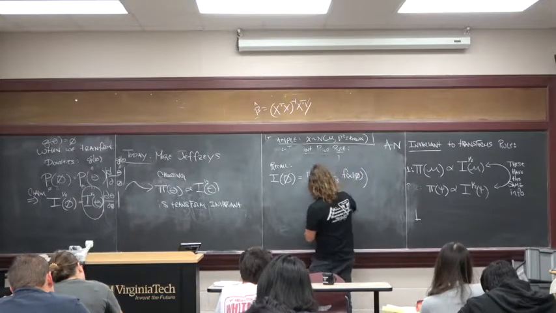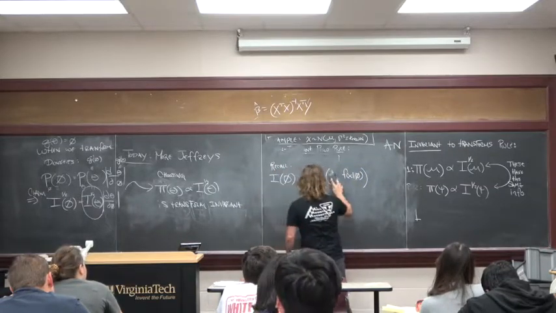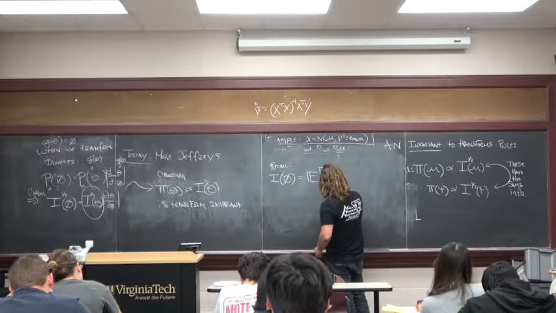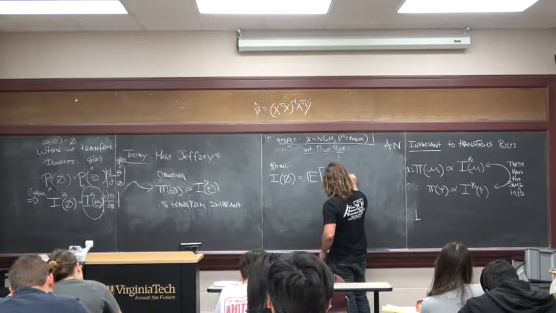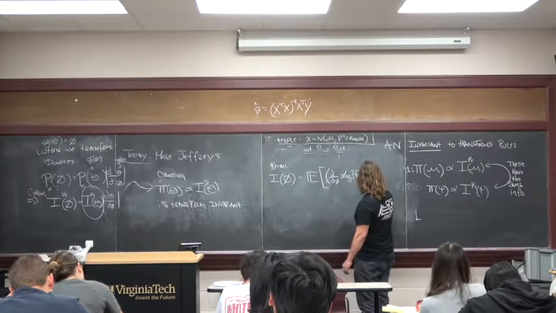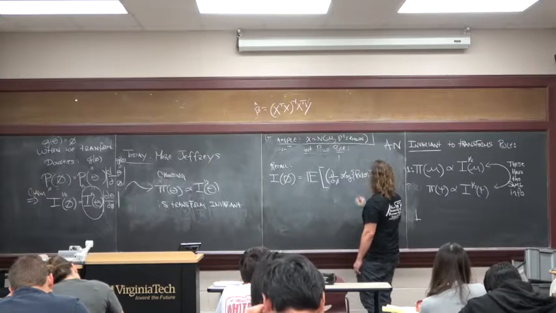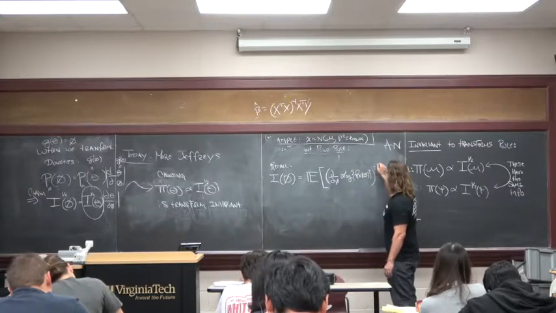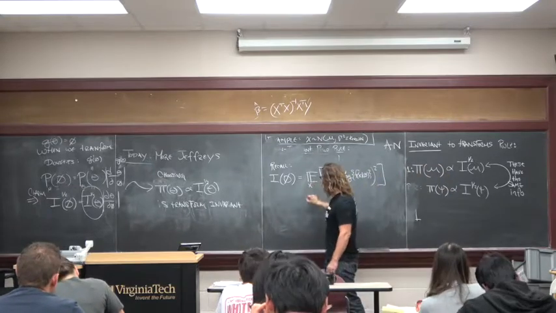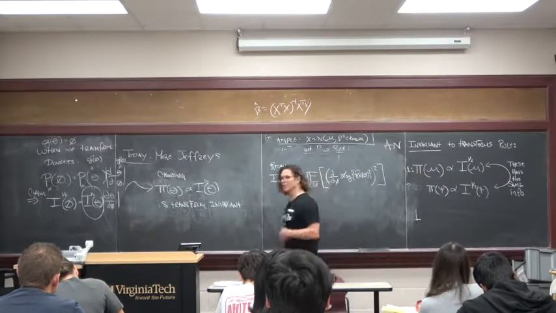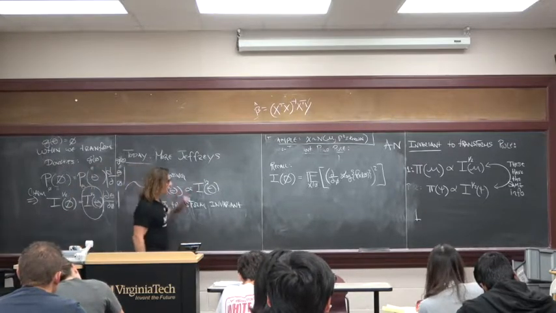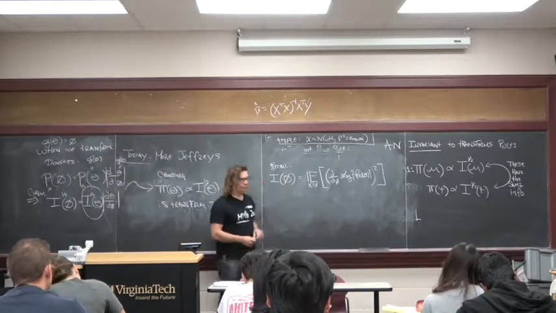And I've messed it up already. I always do this. The logarithm. Log f x given phi. I'm going to square this thing out. And this expectation is over x given phi, if it's not obvious. That's what it is. So this is what I do to compute this thing right here.